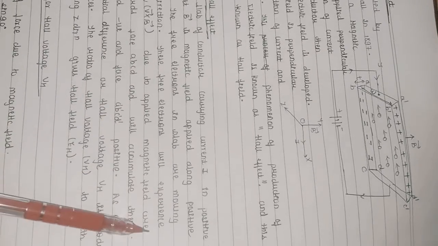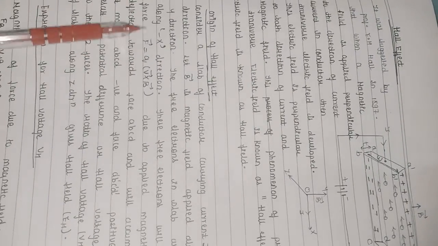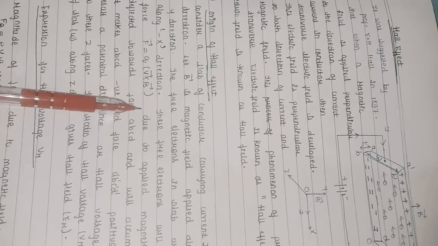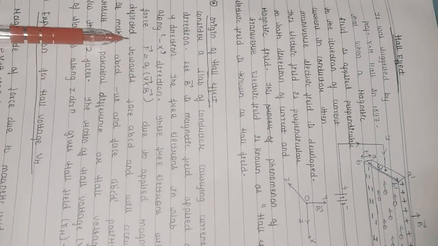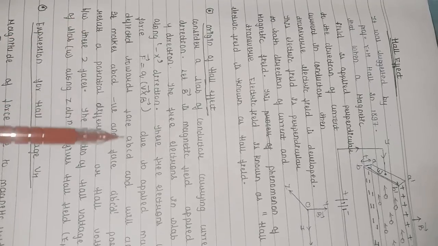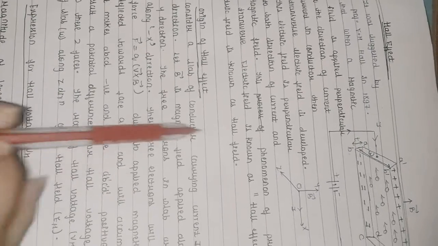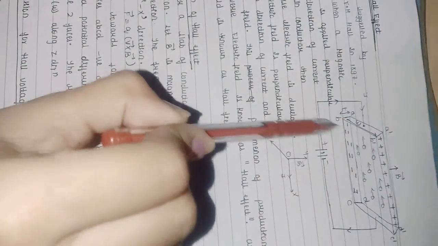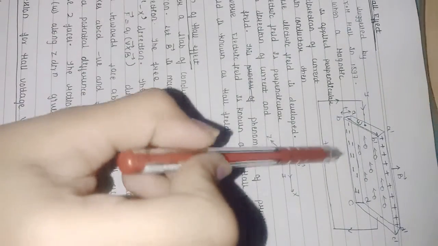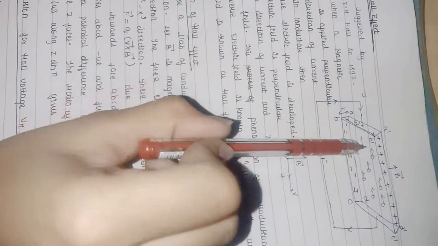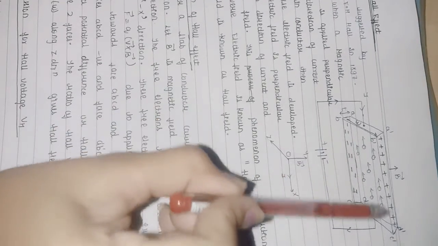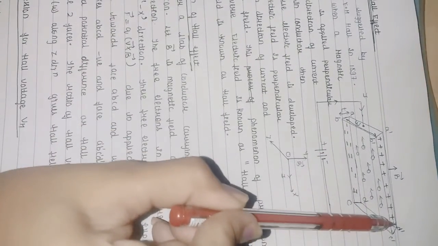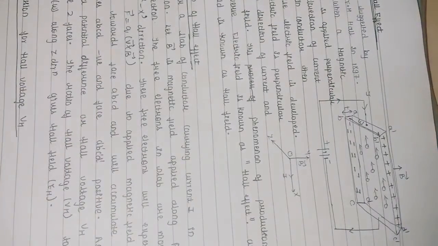These free electrons will experience a force F equals q v cross B due to the applied magnetic field and are deflected towards the face A, B, C, D. In this face, the negative charges of the conductor will accumulate at the lower end, and the positive charge will be accumulated over the upper end of the conductor.